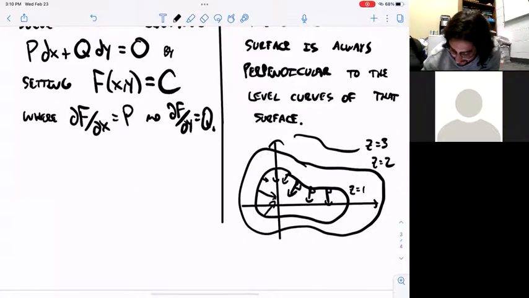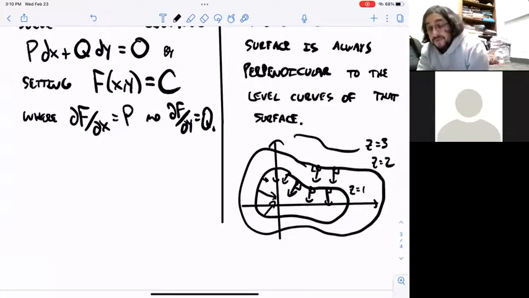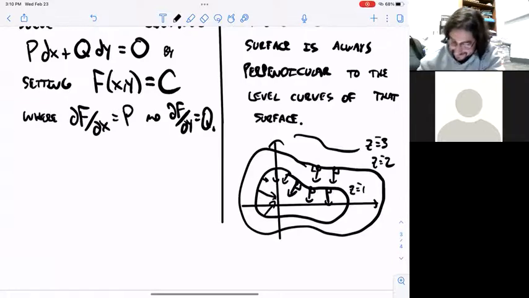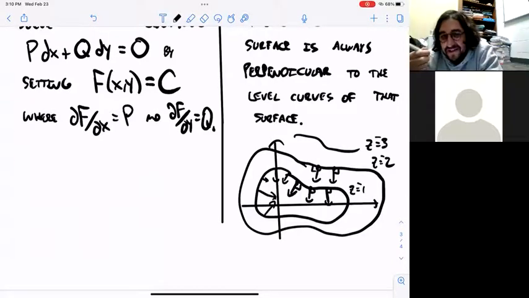But wherever you plot them, they'll always be perpendicular to the level curves. Oh, and I should label these -3, -2, -1, because what I was drawing there would have been negative gradient. The gradient always points in the direction of increase.